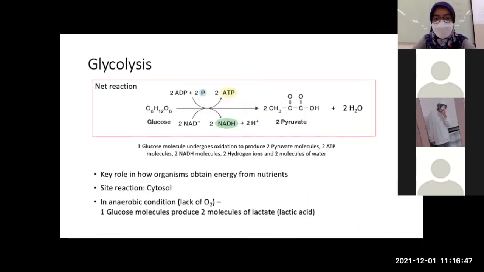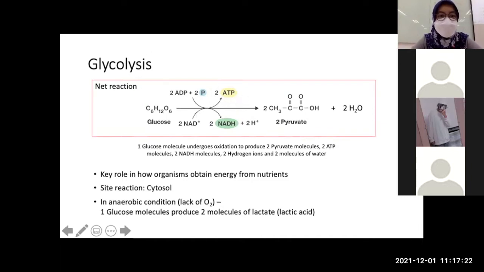Another important thing you need to understand: in glycolysis, the initial product is glucose and the end product is pyruvate. 1 molecule of glucose will yield 2 pyruvate, and this process will release 2 ATP, meaning that glycolysis is where our body acquires energy.